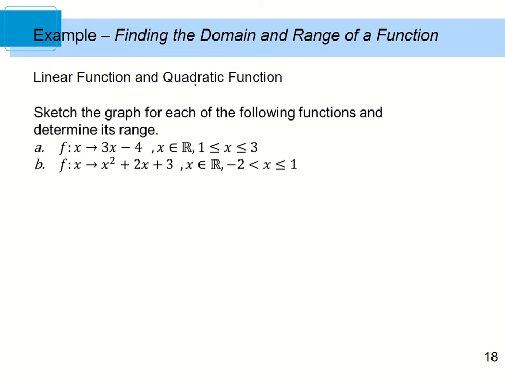Now let's see the example here. Sketch the graph of each of the following functions and determine its range. Please bear in mind that according to the questions, the domain is defined explicitly. It means that the domain is given.